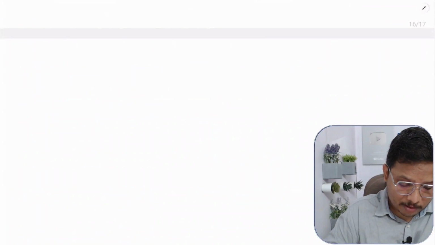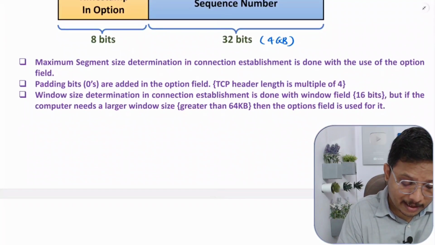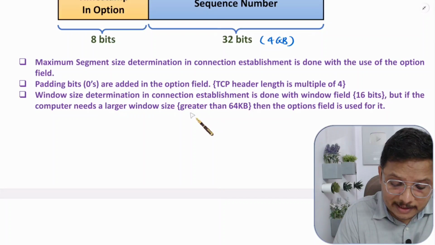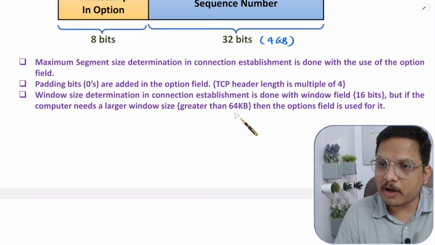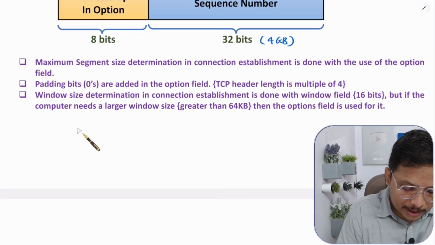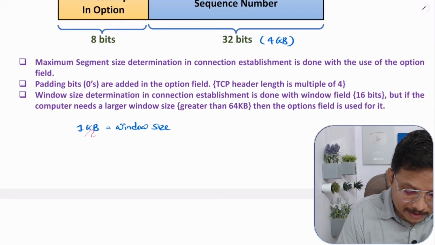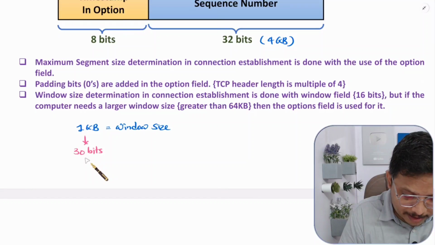So for window size determination, if your window size is greater than 64 KB, then we use the option field. For example, if you want a 1 GB window size, how is it possible? 1 GB means you need 30 bits.